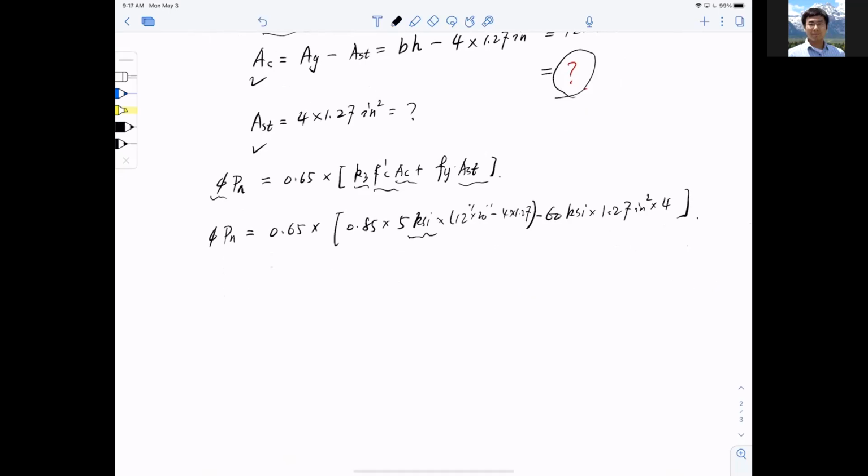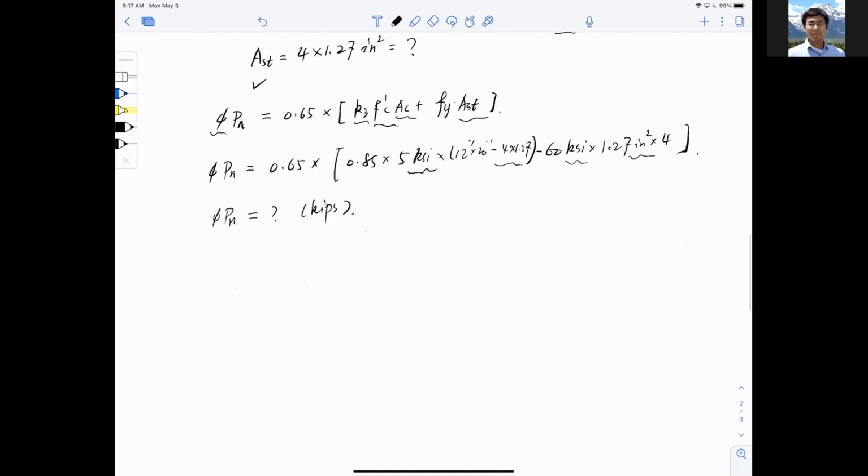We have ksi and inches, so the unit comes out to be kips. Again, I want you to follow through the process and calculate the number for yourself. So that is the total pure axial loading for case number 1. So 1A is done. Not too bad, right? So 1B.